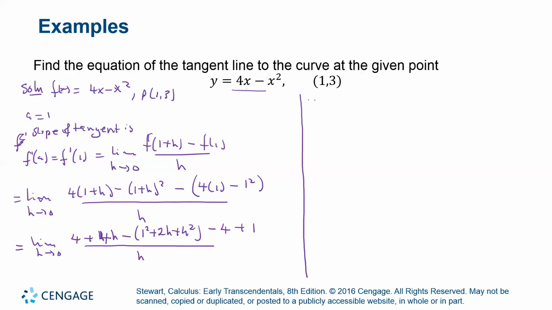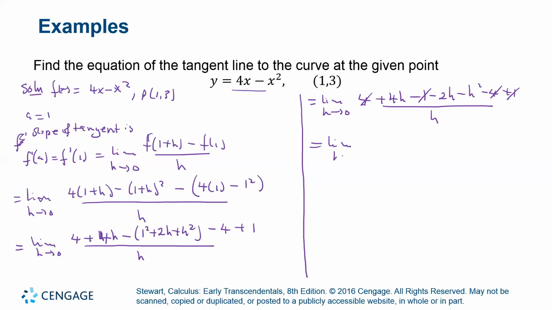So that is equal to the limit, h goes to 0. Let's write this out first: 4 plus 4h minus 1 minus 2h minus h squared, then minus 4 plus 1. Now the 4 will cancel, and negative 1 and positive 1 will cancel out. Don't forget, all divided by h.